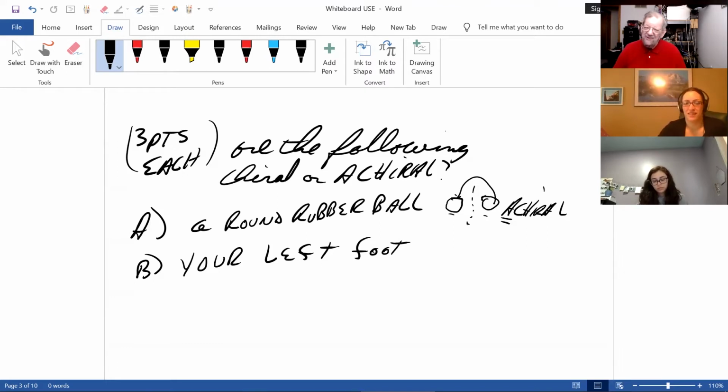You'd probably be sent to the hospital laughing so hard you break a couple of ribs, and I don't want that to happen. So your left foot has a non-superimposable mirror image called your right foot. And if something has a non-superimposable mirror image, it's chiral.